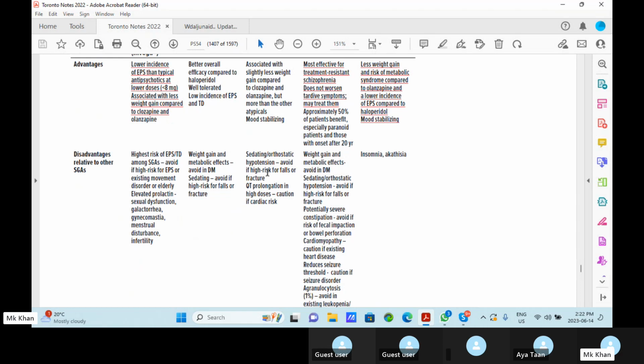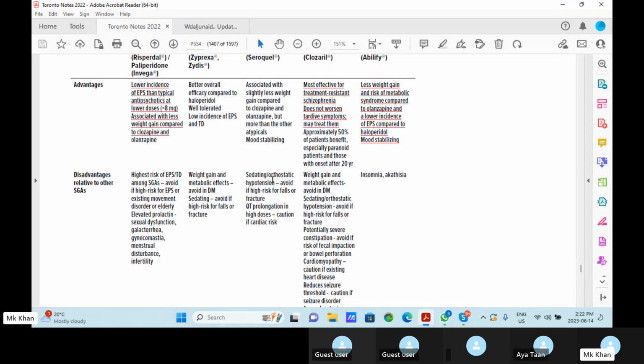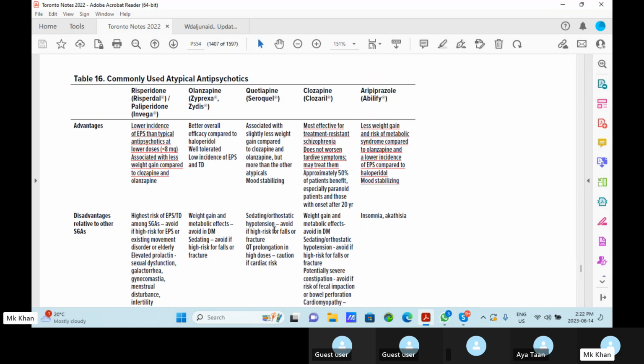Avoid if sedating, orthostatic hypotension, high risk for falls or fracture, and QT prolongation in high doses; be cautious with cardiac causes. So this one is also sedating, so avoid in falls and fracture risk.